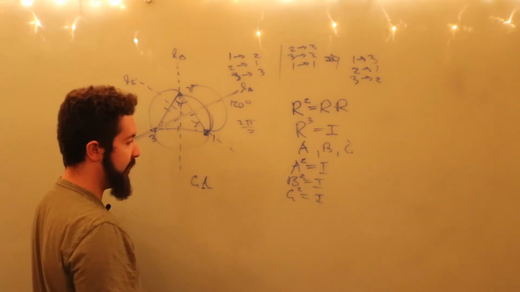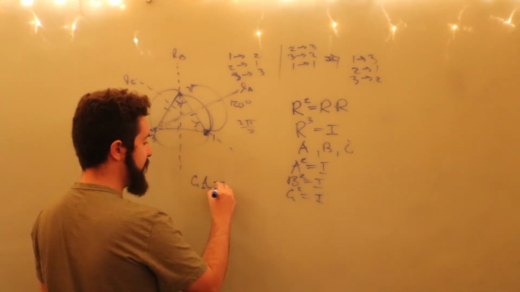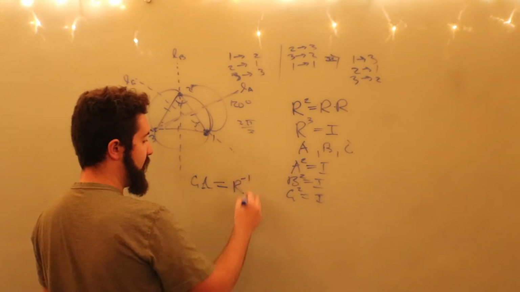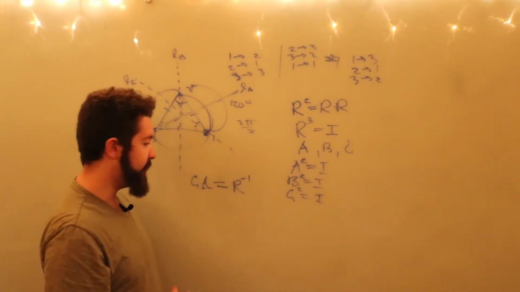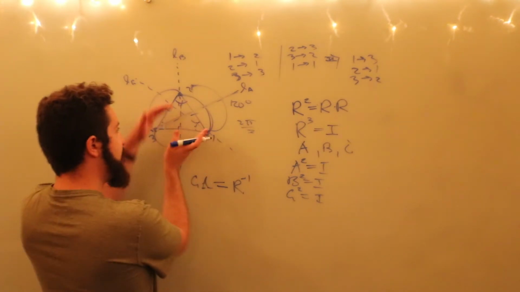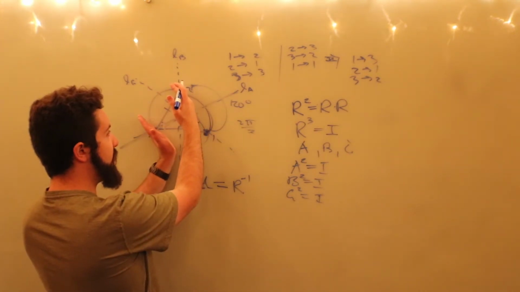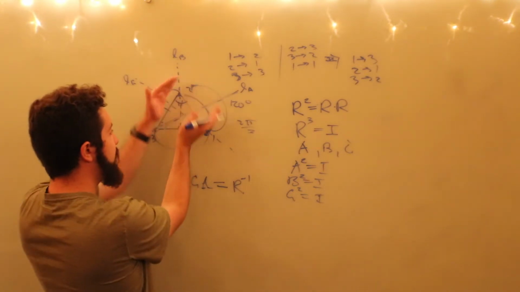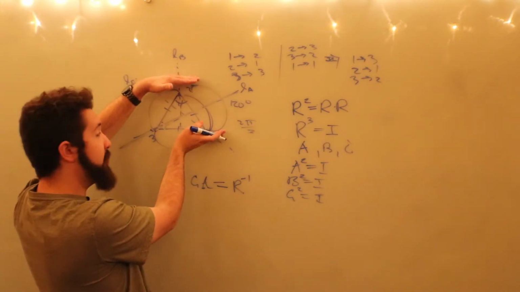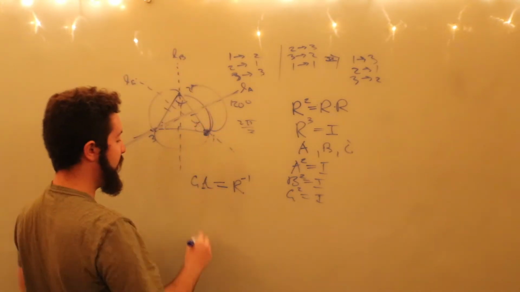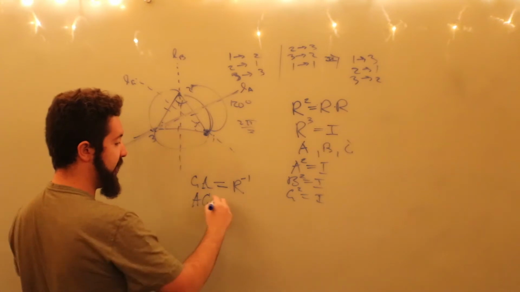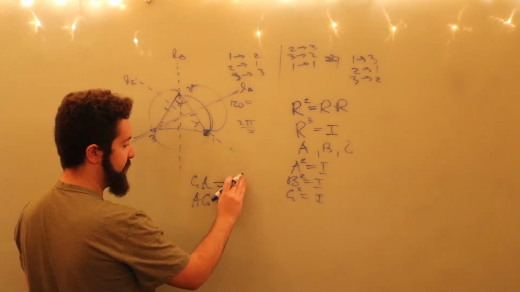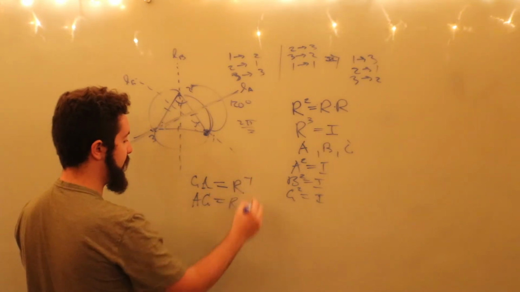So we notice that C times A is equal to, if you like, the inverse element of R. And I haven't explained what an inverse is, but you could just think of it, if a rotation by 120 degrees counterclockwise is our R, then it makes sense to call R inverse the rotation by 120 degrees clockwise, right? And likewise, if you did AC instead, you would get R. But R inverse could also be written as, well, let's just keep it like that.